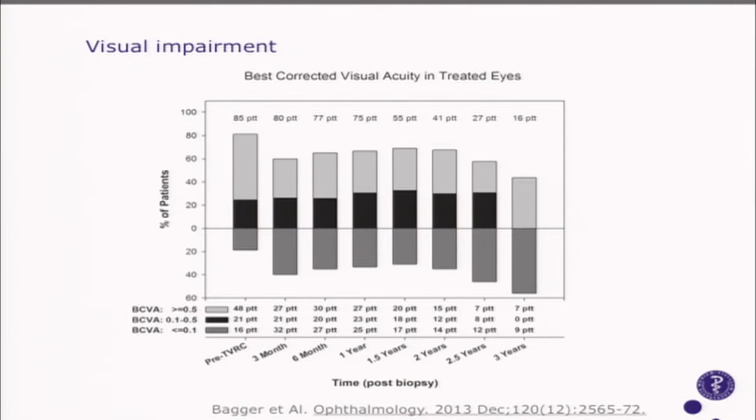Basically this shows that a major part of the patients actually have a poor macular function. If you have a uveal melanoma, it's always affecting the macula at the start of the disease. And when you treat, all these patients with a poor visual acuity never gain good visual acuity. Whereas of the patients with good visual acuity in the beginning, 50% have a poor macular function 3 years later due to the treatment of the macula.